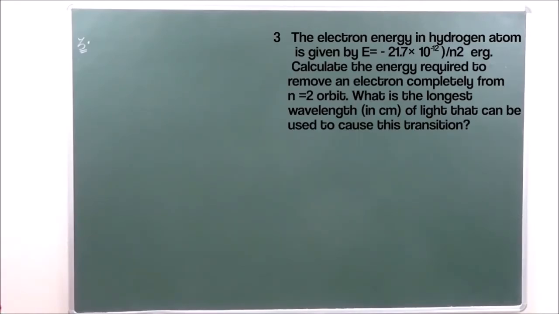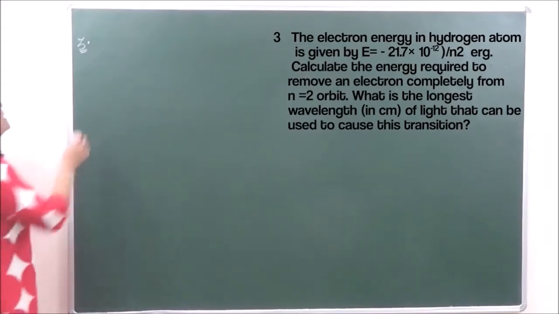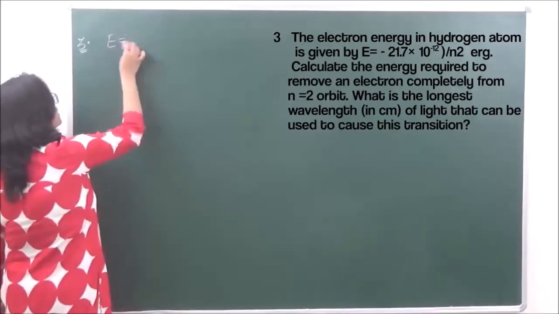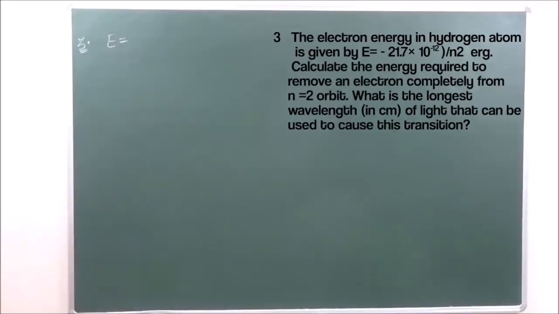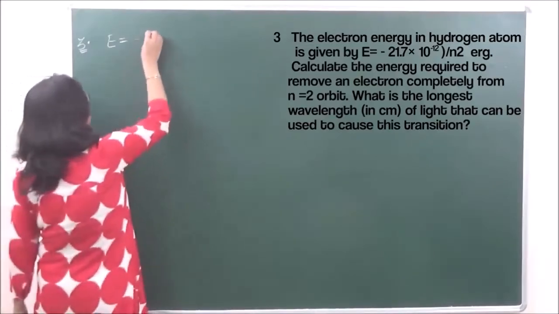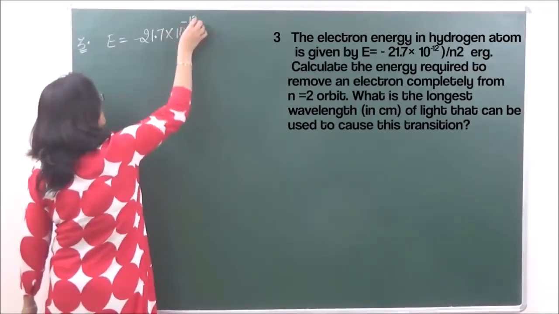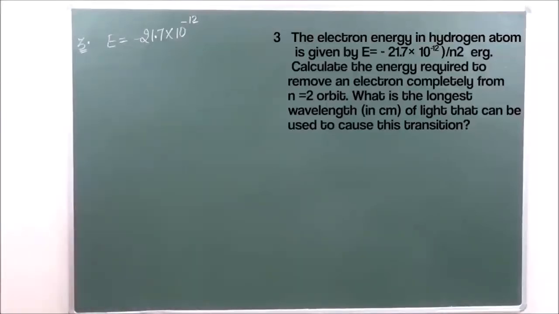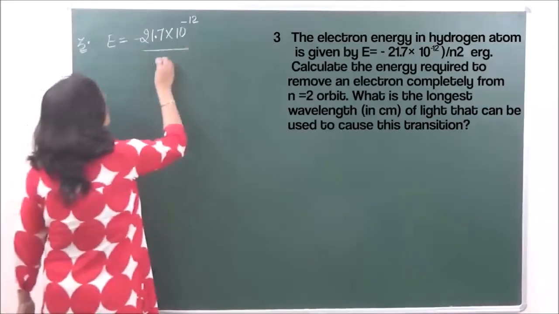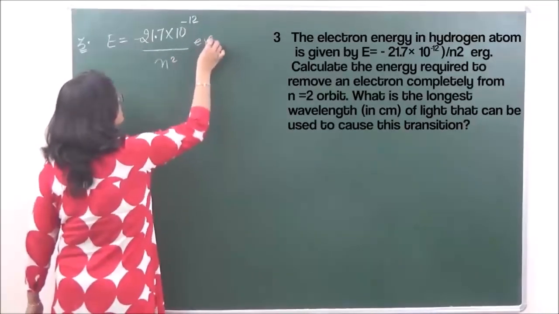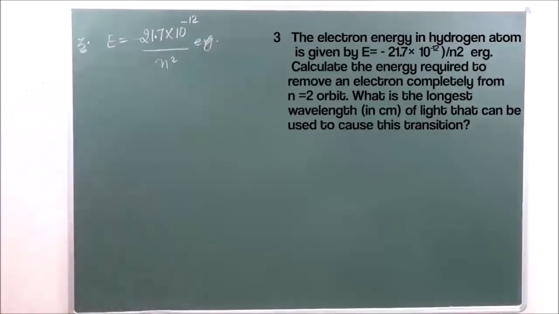So what has been given to you in the question is the value of energy, which is minus 21.7 into 10 raised to power minus 12 ergs upon n square. This is the value of energy which is given to us.